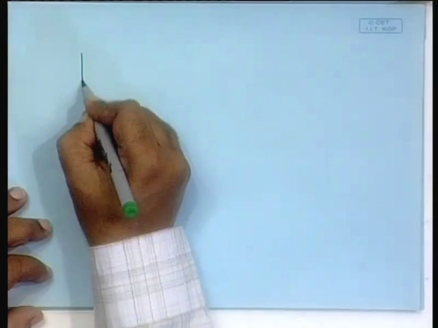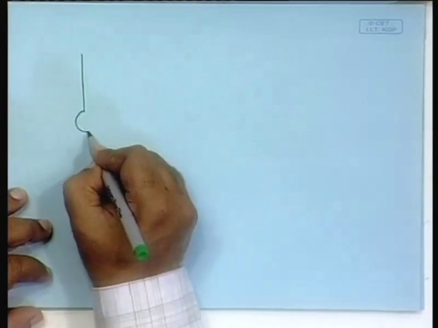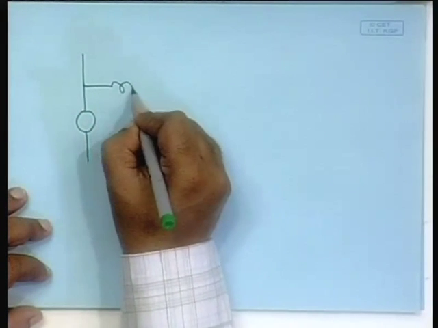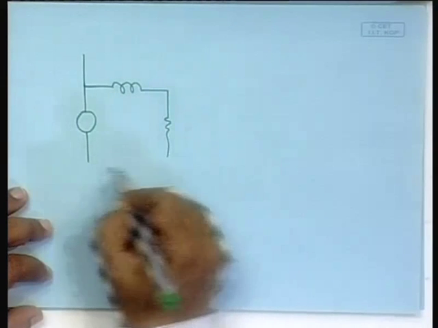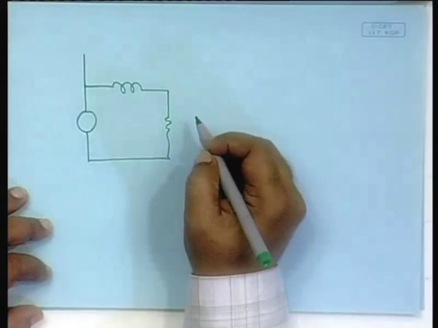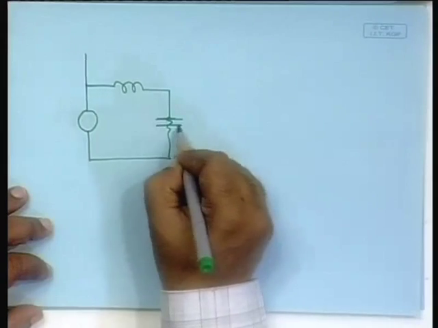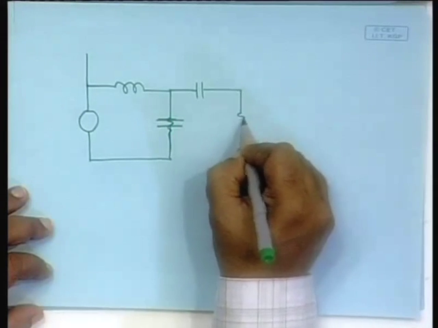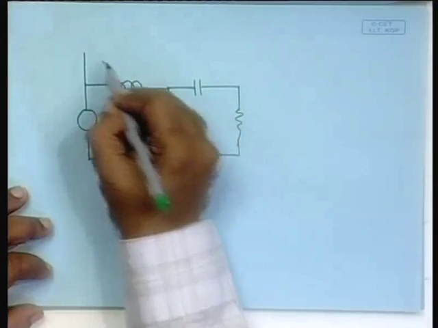Why? Just imagine a circuit which is something like this. I am just replacing one of the elements in the last circuit. It was like this, sorry, it was capacitor, and this is a capacitor, this is a resistor, and here is another capacitor.